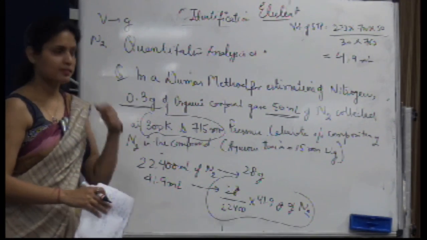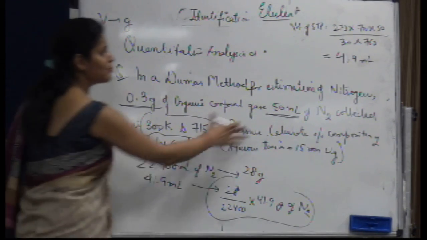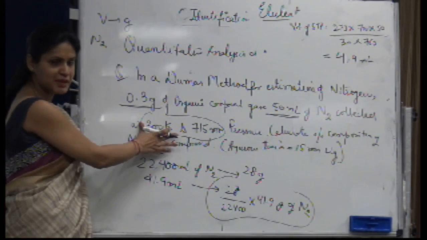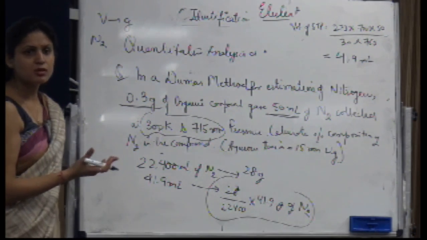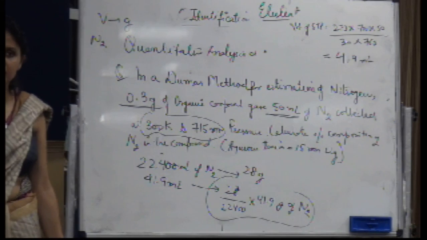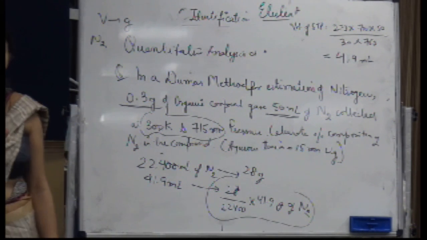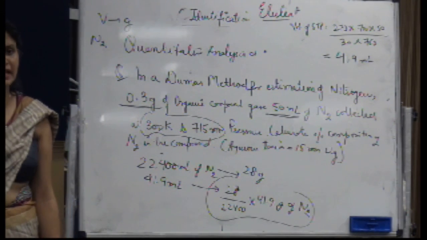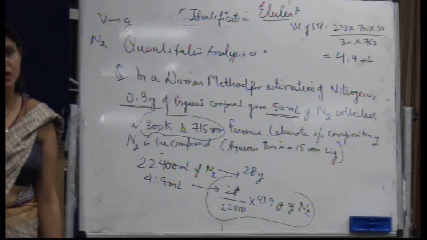Getting? Let me again explain this. Suppose I have given amount of nitrogen produced at this temperature and pressure, but I want the mass of nitrogen. So I have to convert some factor of volume into the mass, right? But I know a standard parameter that the 28 grams of nitrogen or any molecule has this volume at standard temperature and pressure condition.